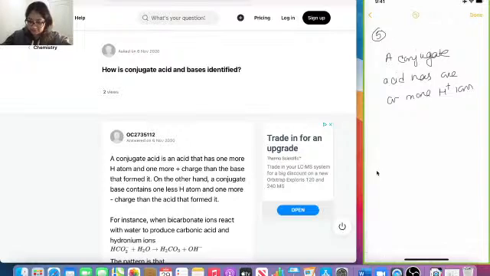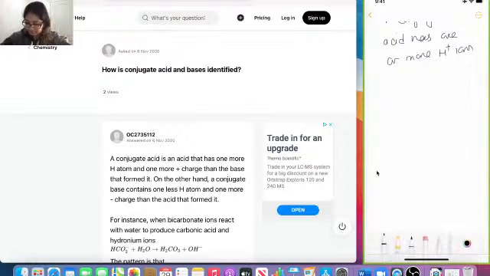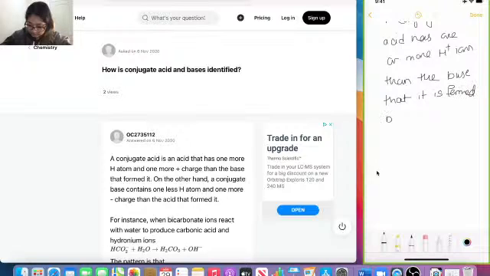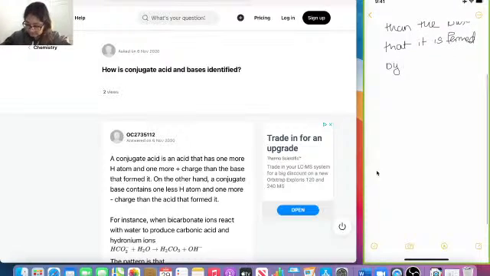Because your bases are formed by OH ions, and so then the base that it is formed by.